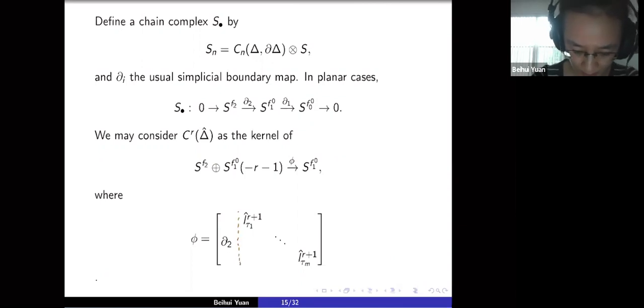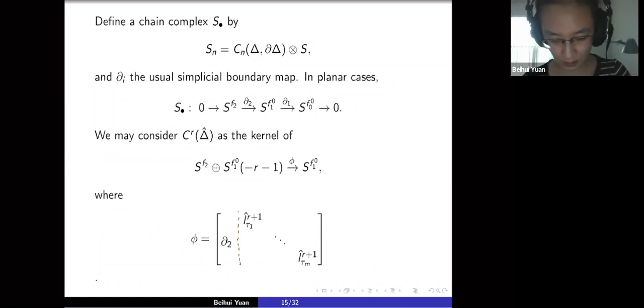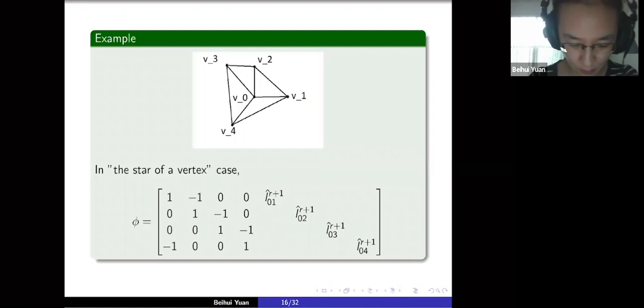One block is just the differential map here in the chain complex. And the other block is a diagonal matrix. And on the diagonals, it is the linear forms to the r+1s.